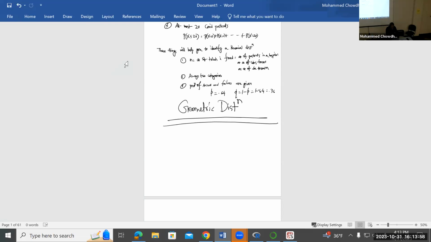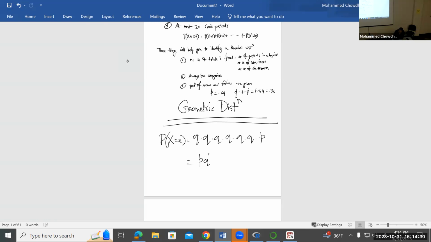So the geometric distribution's mathematical formula looks like this. Take a look. Probability of X equal to x, Q equal to probability of failure. Failure, failure, failure, failure, failure, and then success. How many failures? 6 failures, right? And 1 success, right? So can I write it like this?